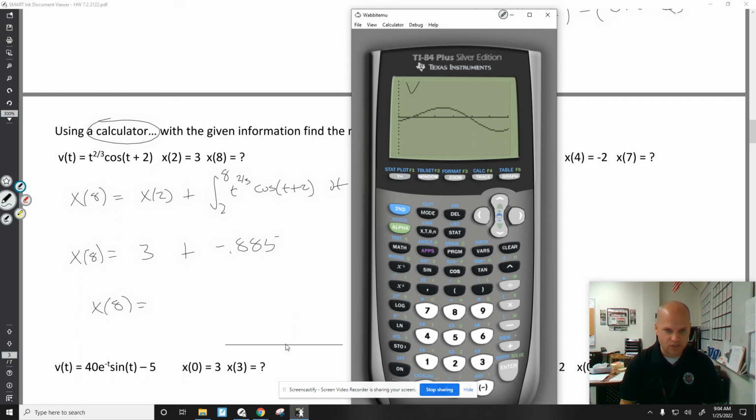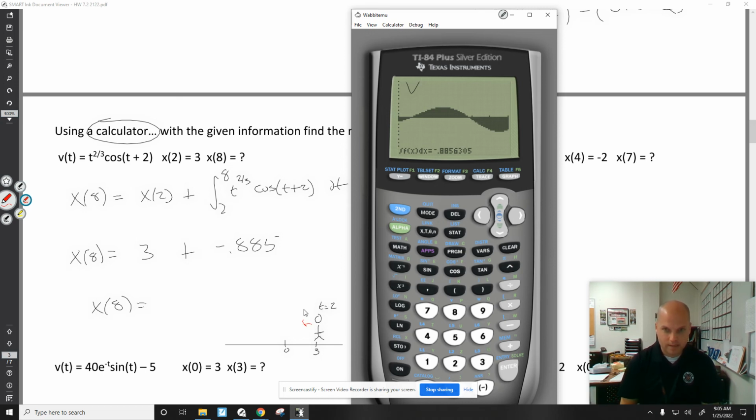I started at a position of 3. So here's my position of 3. Here's my dude at a position of 3. And this is at t equals 2 seconds. Okay? Between 2 and 8, I'll move left an amount. I'll move right an amount. I'll move left an amount. So I move left a little bit. We can calculate that if we wanted to.